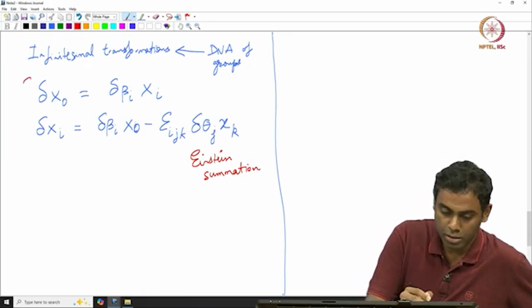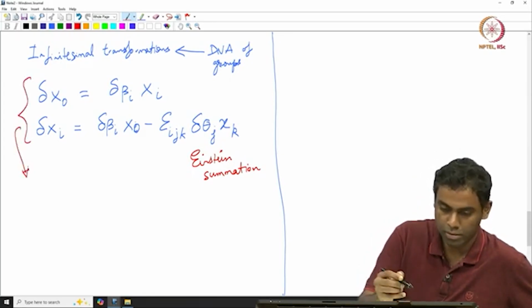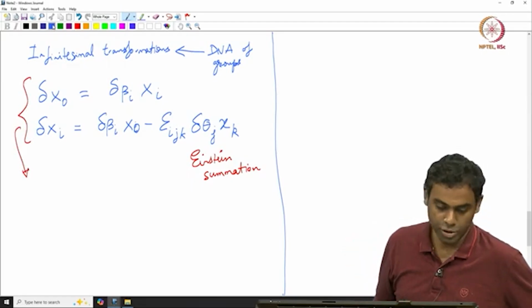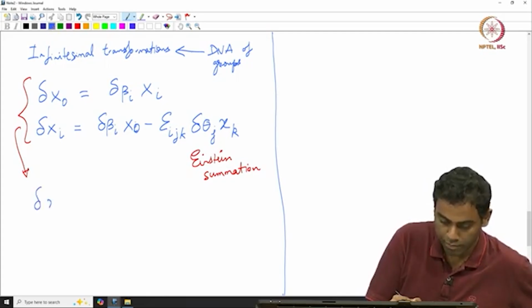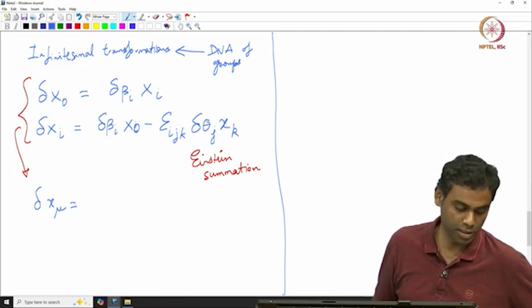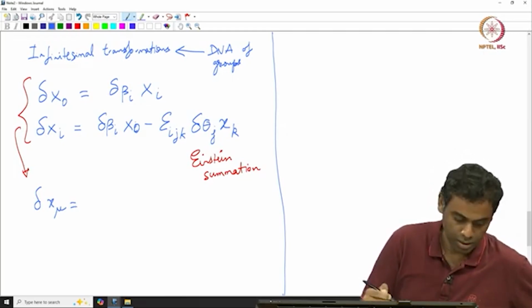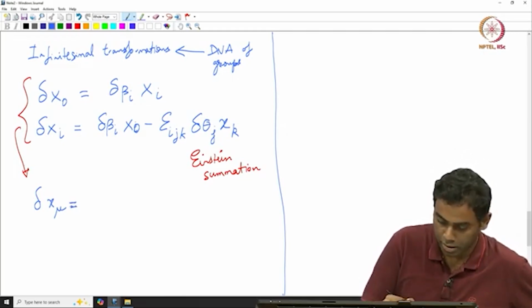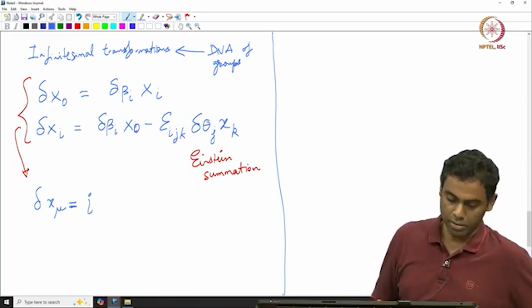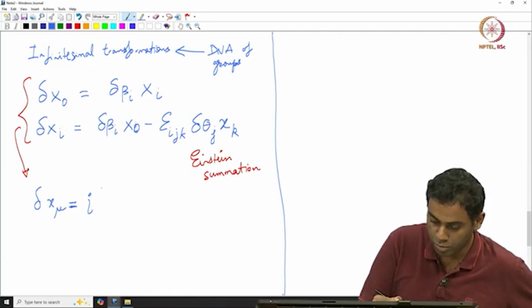So together I can now write these two equations in one shot like this. I have a delta x mu, I am going to write it in a slightly odd manner, but bear with me, you will see that this turns out to be the most useful way to write it.